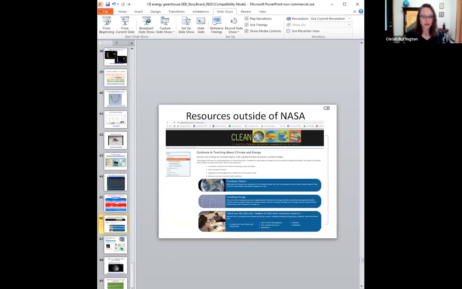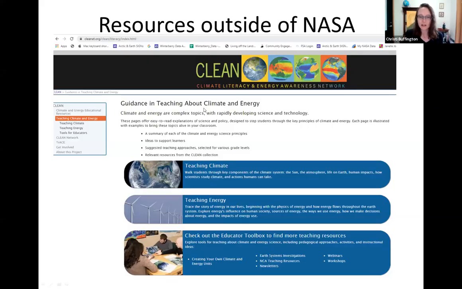And then I wanted to share, lastly, 2 resources outside of NASA. This is called CLEAN, Climate Literacy and Energy Awareness Network, where Colleen and I actually met. And they have what's called a CLEAN collection.